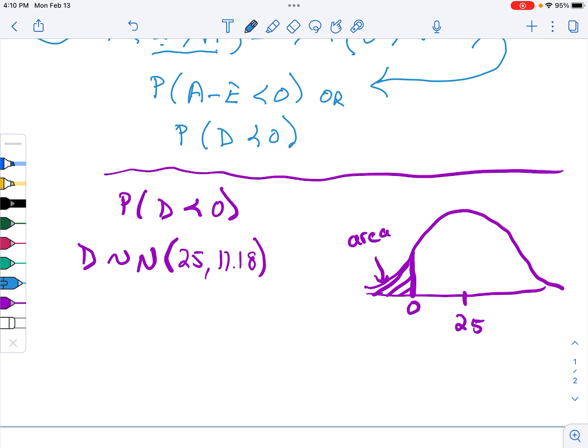So now we are forced by the people that have put the curriculum out for AP Stats to find a Z-score. We want to find the difference between 0 and 25 and make that a Z-score. So that's simply 0 minus 25 divided by 11.18.